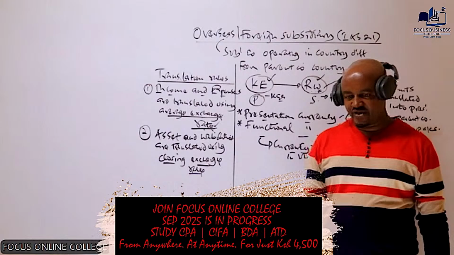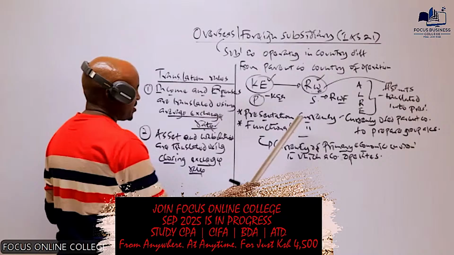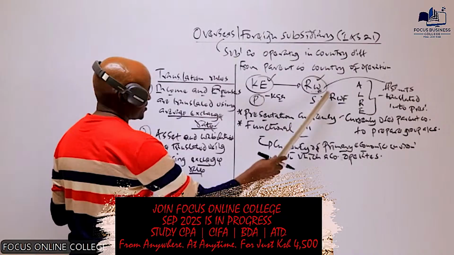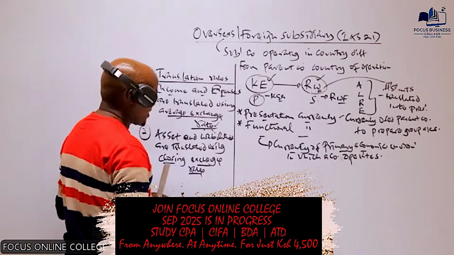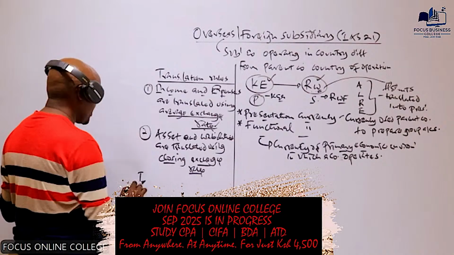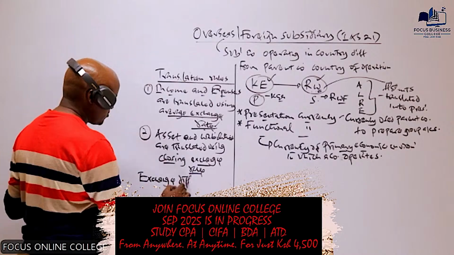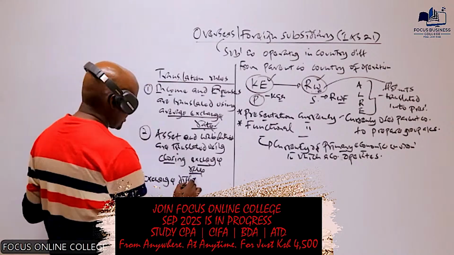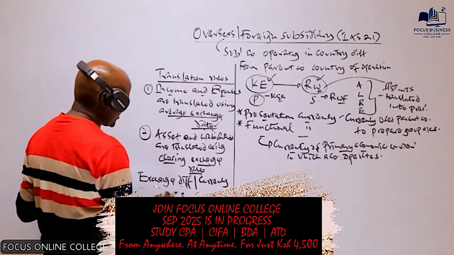But it is obvious that in the process of translating the assets, liabilities, revenue, and expenses of this foreign subsidiary into a presentation currency, there is something known as the currency translation difference, or exchange difference.